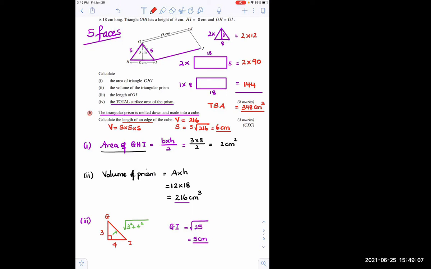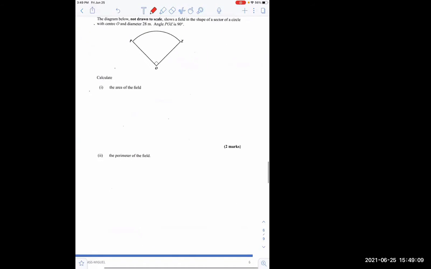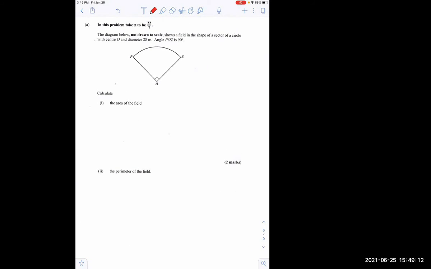Yes? Yes, miss. Right, we're going again. We're doing this one quickly because this was part of the question. The area of the field, now this is a sector. So the area of a sector is theta, or I like to say the angle over 360 multiplied by pi r squared, which is the area of a circle. For perimeter, we need to find the length of the arc.